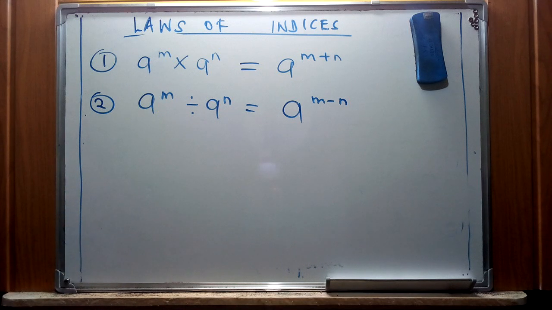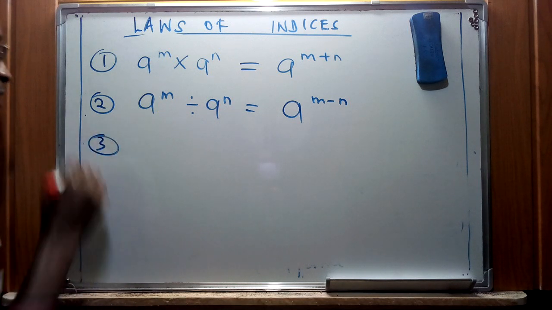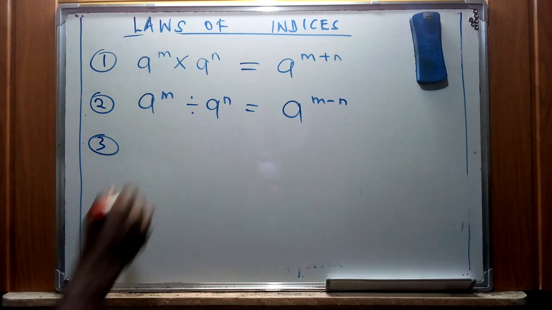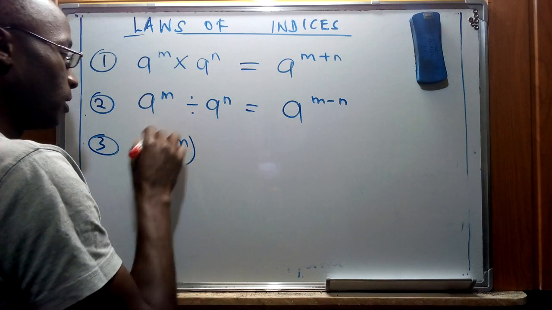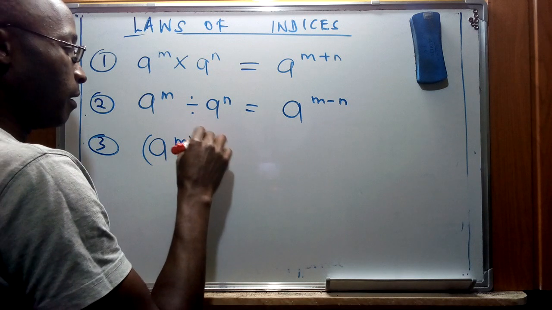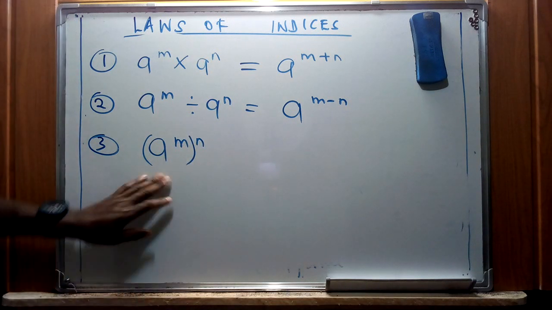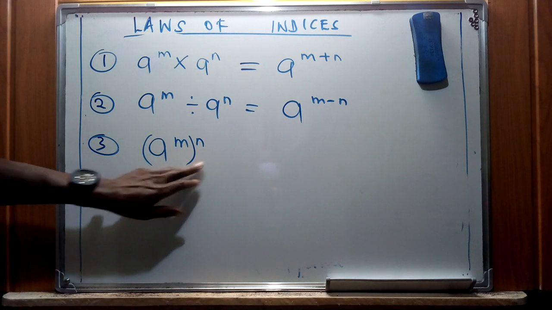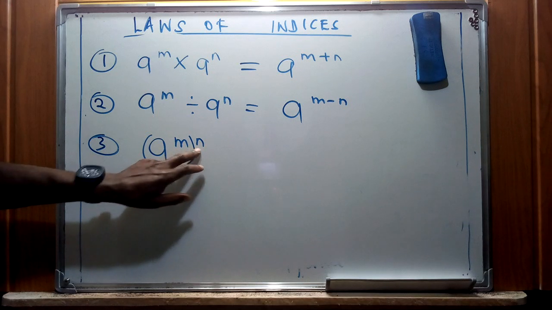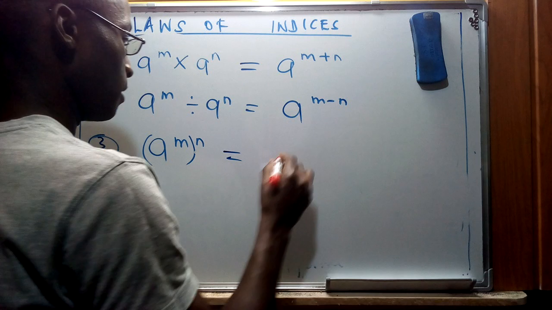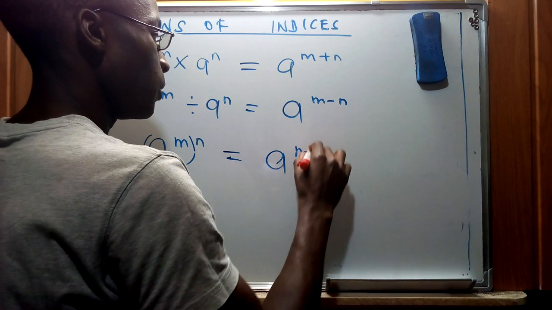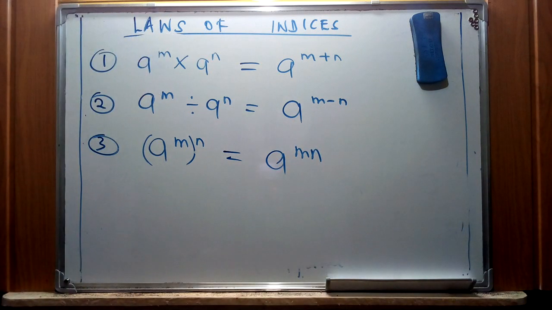And then number 3, whenever we have a number a which has been raised to a particular power or index, and then that is raised to another index, this implies that this is a product of exponents. Therefore this number is going to be represented as a with the product of those 2 specific exponents.